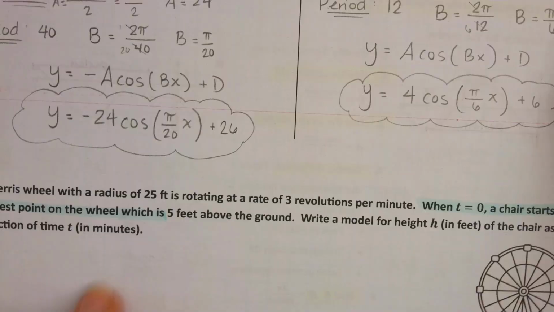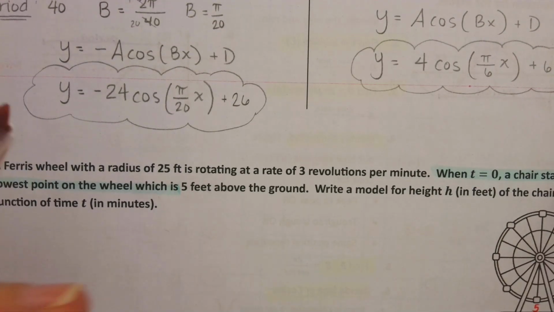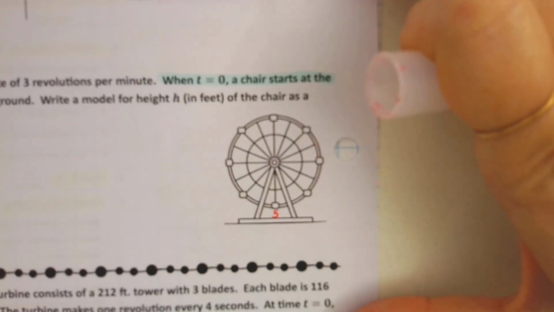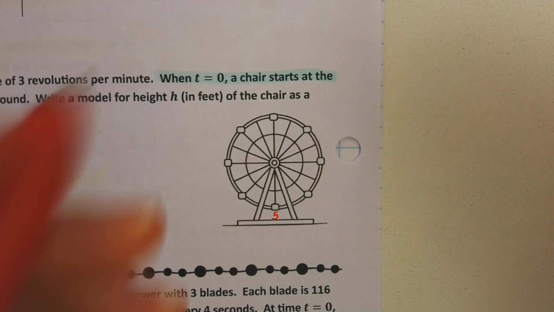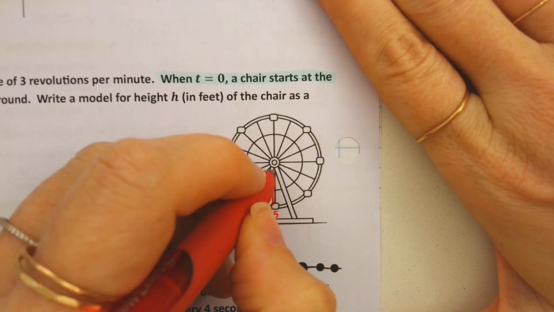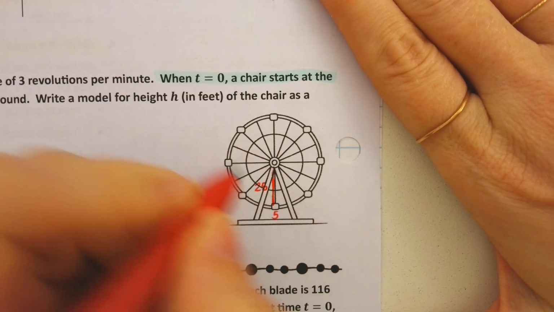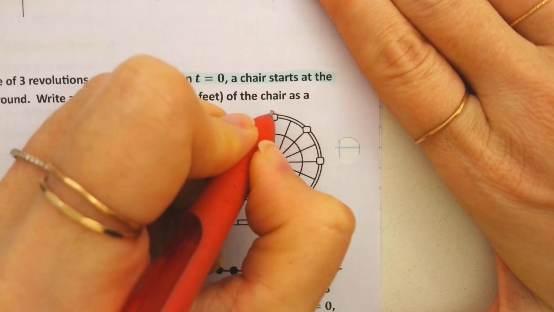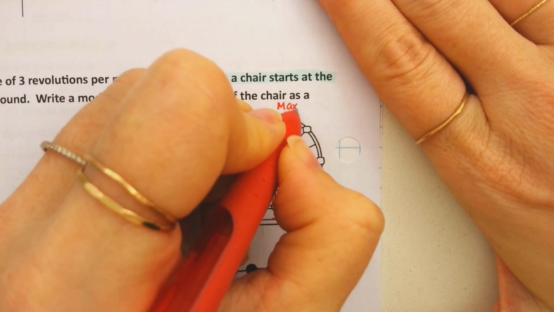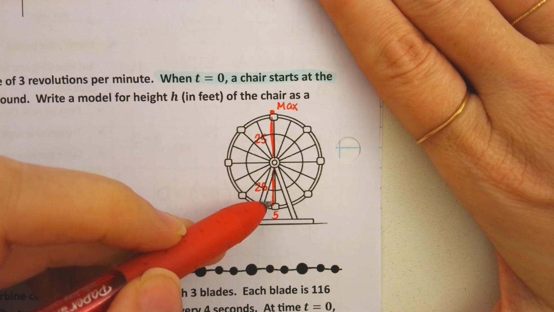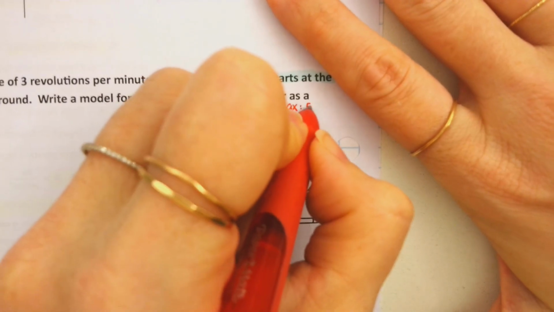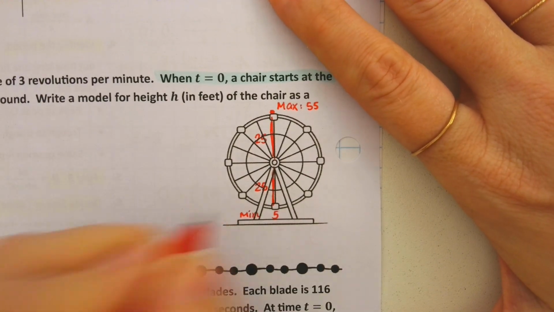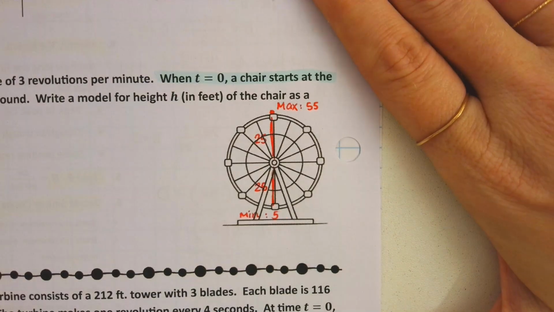To find the highest point, we're going to need to use the fact that the radius is 25 feet. So my lowest point was 5. This radius would be 25. We'd have another radius, which would be another 25, making this maximum highest point here, 25 plus 25 plus 5. There's a max at 55, a minimum at 5. So they secretly tell you the maximum and the minimum.